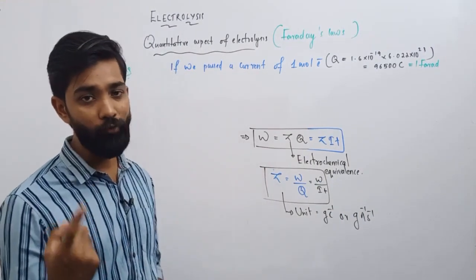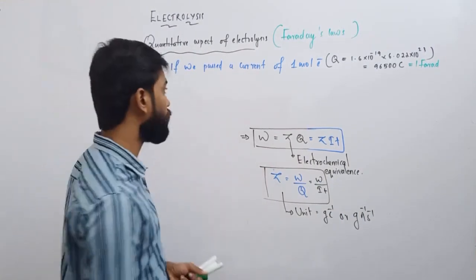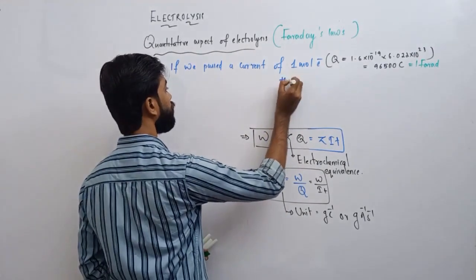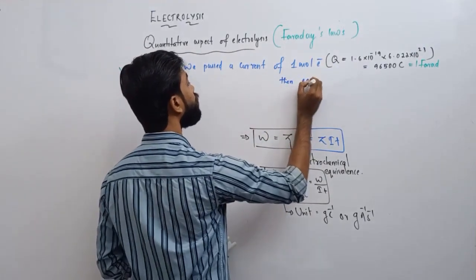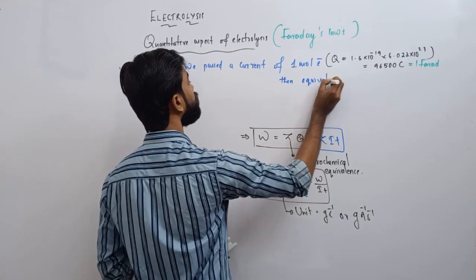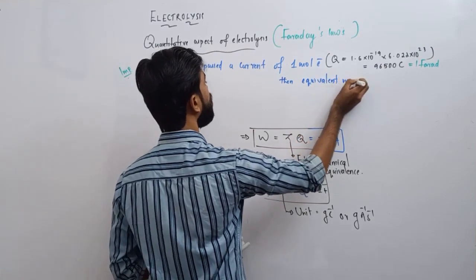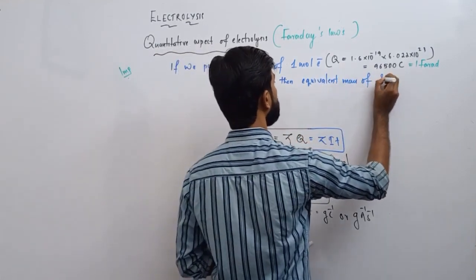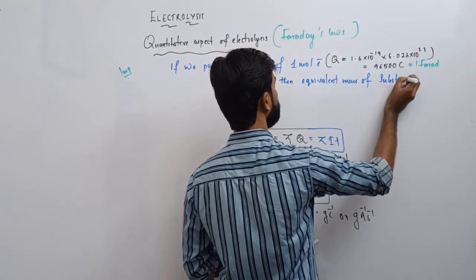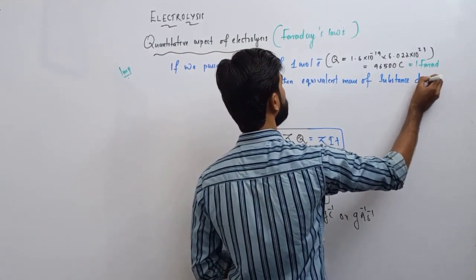If you pass 1 farad current, which means 96500 coulomb, then the equivalent mass of substance deposited.